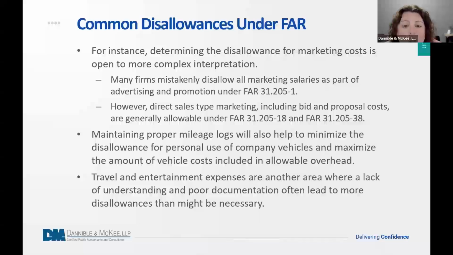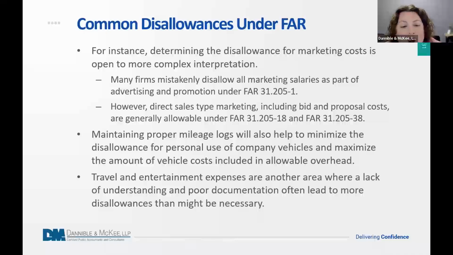And the auditors are going to look at that. We're going to request those mileage logs. A lot of the time, if you're submitting direct reimbursement for mileage, you're going to be required to have those mileage logs for any of the state departments of transportation. And you're going to have to include details of the origin and destination. Those are all things you're going to have to include on those mileage logs.